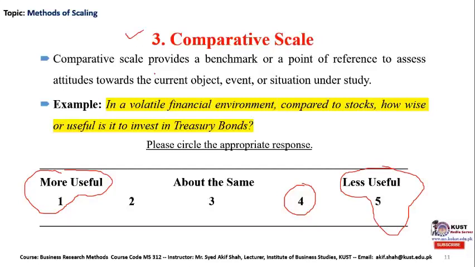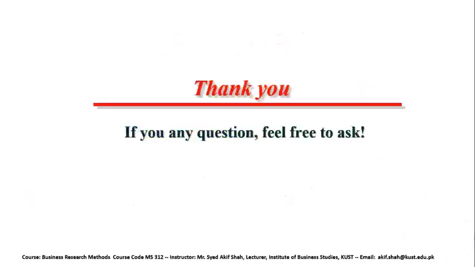This was all about how we can elicit the desired responses if the research study asks us to collect attitudinal responses on the basis of ranking scales, which provide 3 types of mechanism for the researcher to collect responses: paired comparison, forced choices, or a comparative scale. This was all about the discussion related to ranking scales.